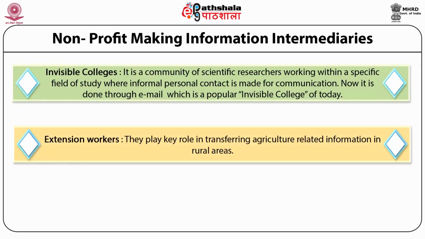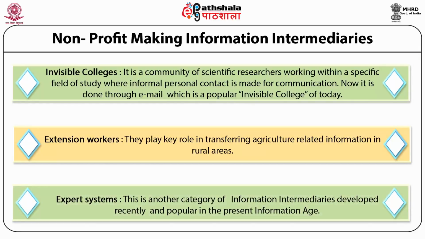Extension workers. They play key role in transferring agriculture related information in rural areas. They also provide significant information regarding the improved seeds, manure, fertilizers, type of soil, how to market their products, etc., to the farming community.